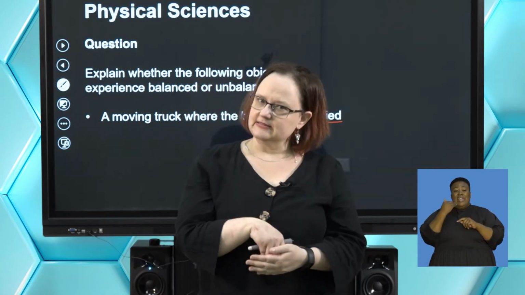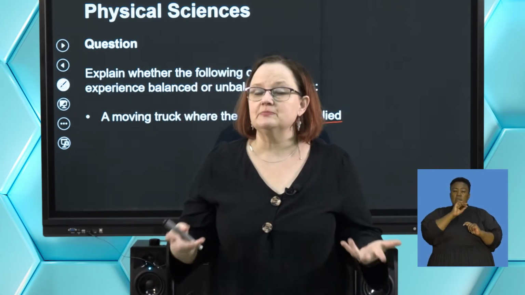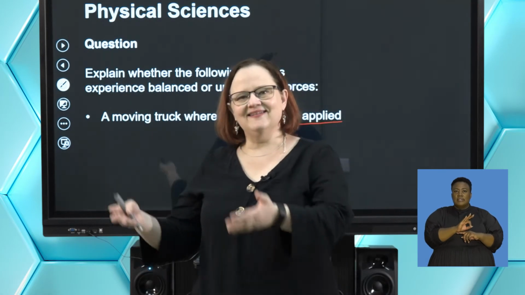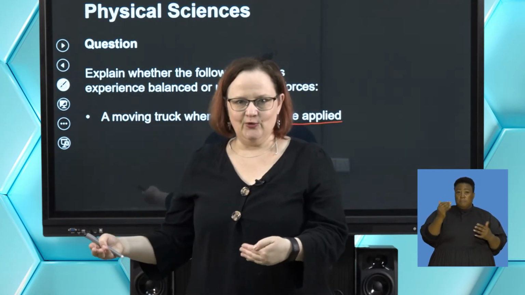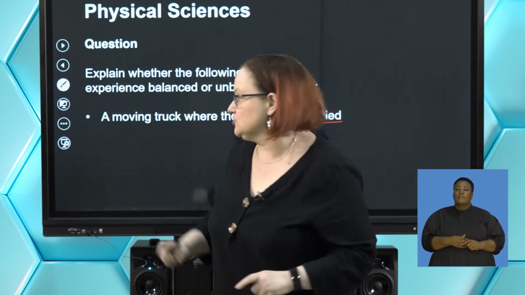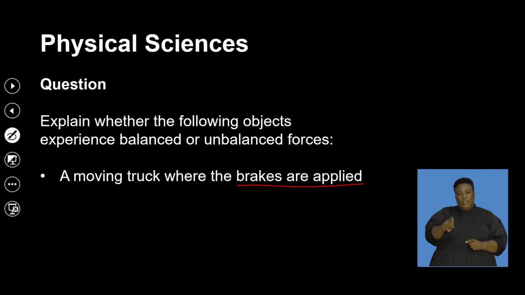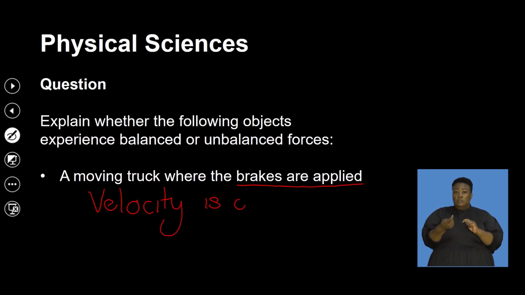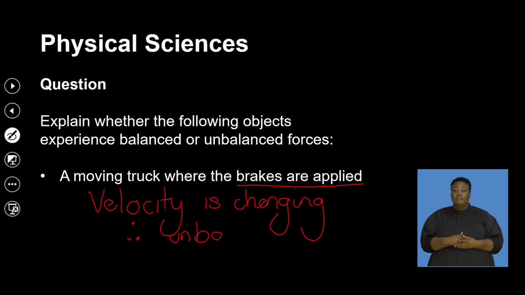If the velocity is changing, then the forces must be unbalanced. Okay, so it's about reading the question. So again, we would say the velocity is changing. Therefore, it's unbalanced. Straightforward.